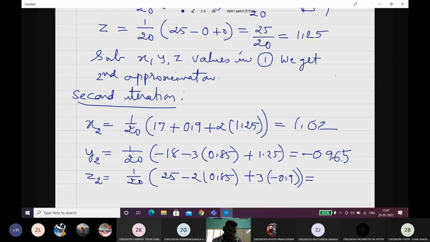Then next, 1.03. Now again substitute these values in equation 1.